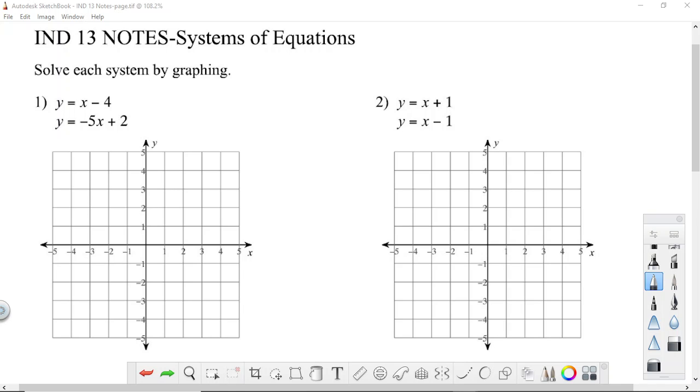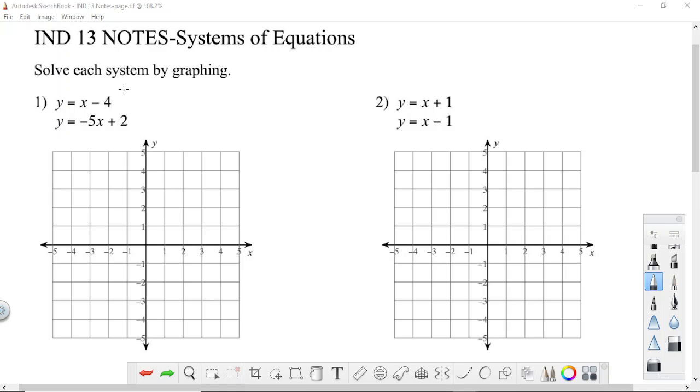So the way we're going to solve these today is we're going to graph both of those equations, and each one will be a line, and where those lines cross, that is a point that is on both lines, right?